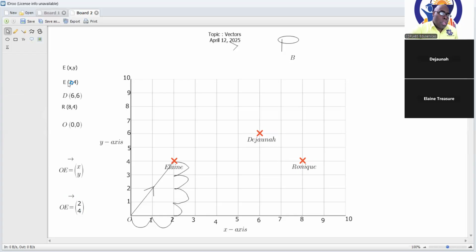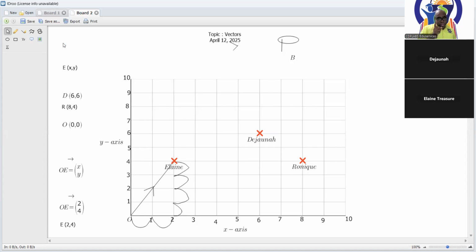Now I want you to look at that vector OE and the point E. What do you notice? It's the same thing. Make note of that.